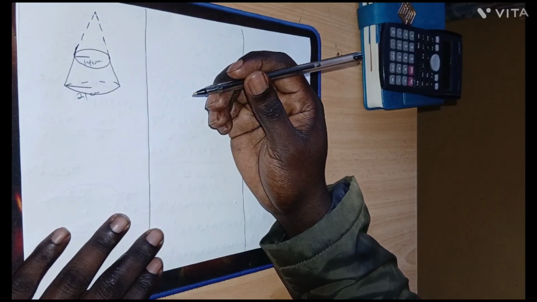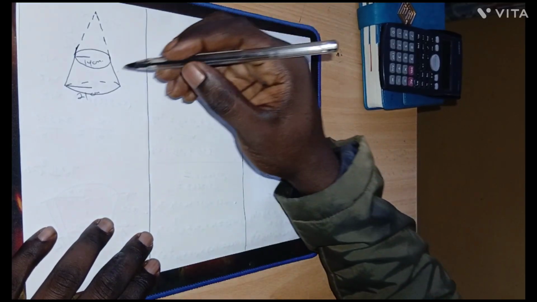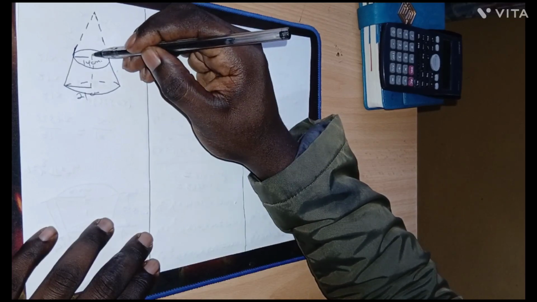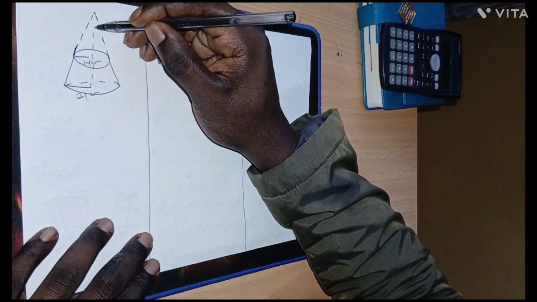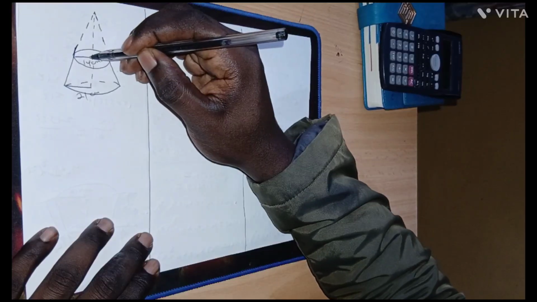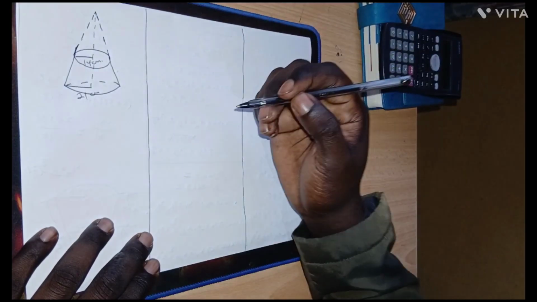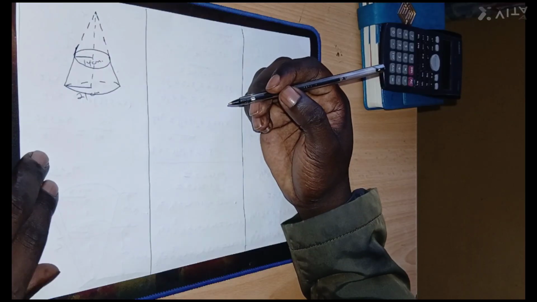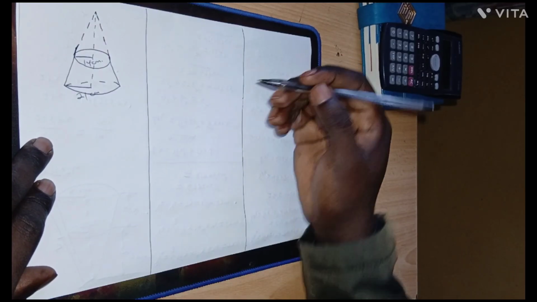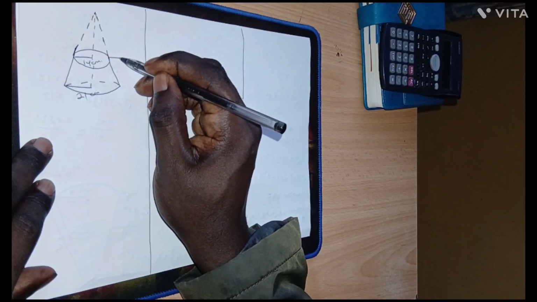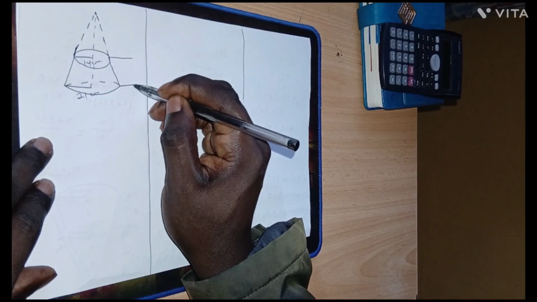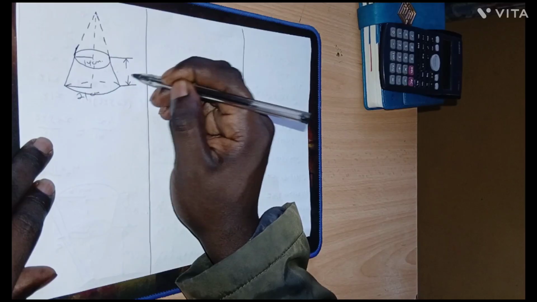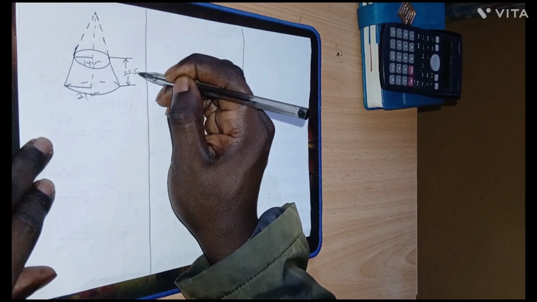Now we also imagine we will need a height from this bit, coming up to that point. We have been told that we have this bit being 22.5 centimeters.